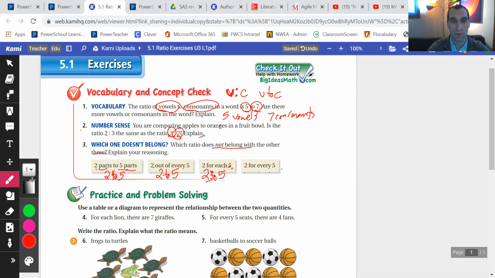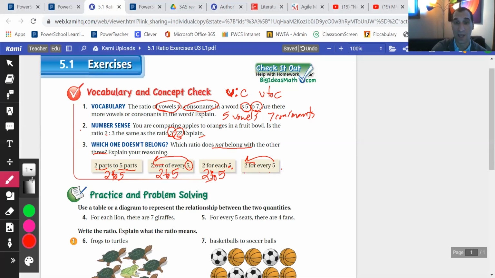It's the same ratio. 2 for every 5. So for every 5, there would be 2 of something. Let's think about this for a minute. Which one doesn't fit with the other ratios? If we think about 2 out of every 5, so out of every 5 of something, there's 2 that are included. Wait a minute.